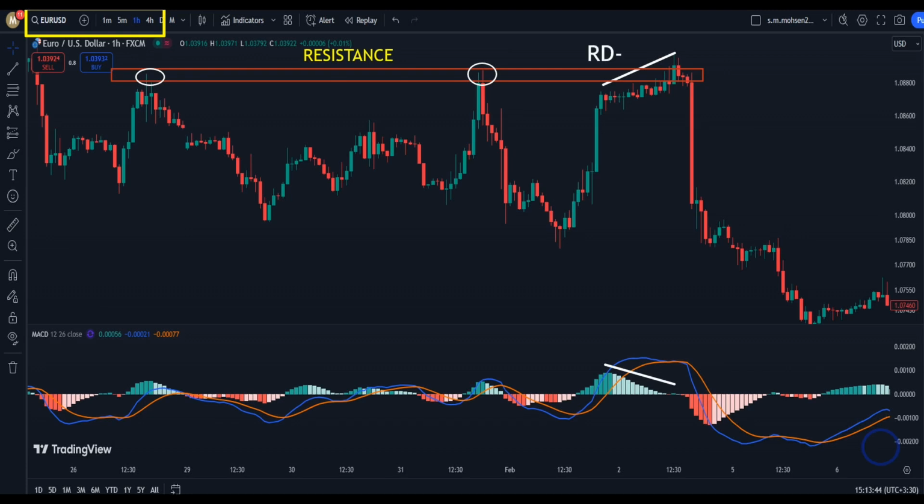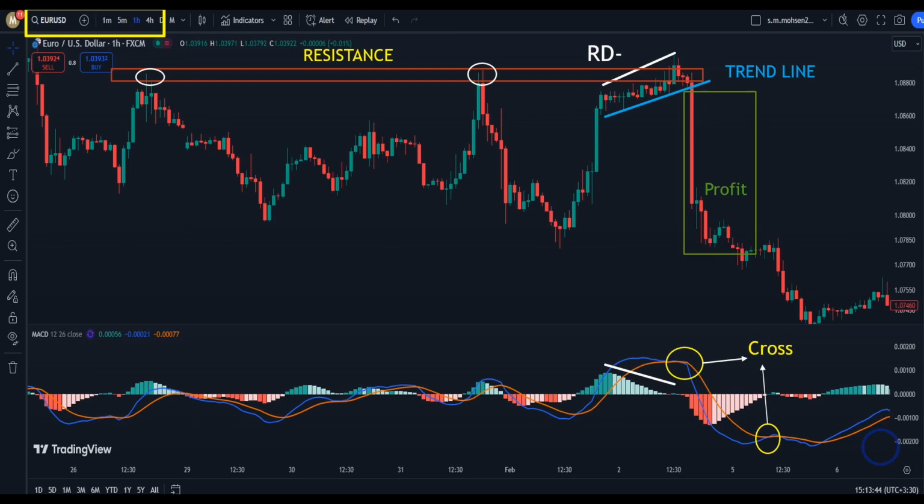I marked the bearish crossover of the MACD line and signal line, highlighted it as a confirmation for a downward entry. While the price was making higher highs, the MACD showed lower highs, indicating the divergence.